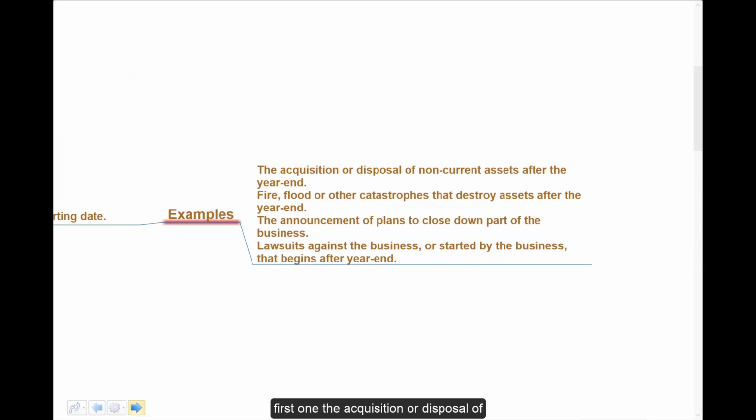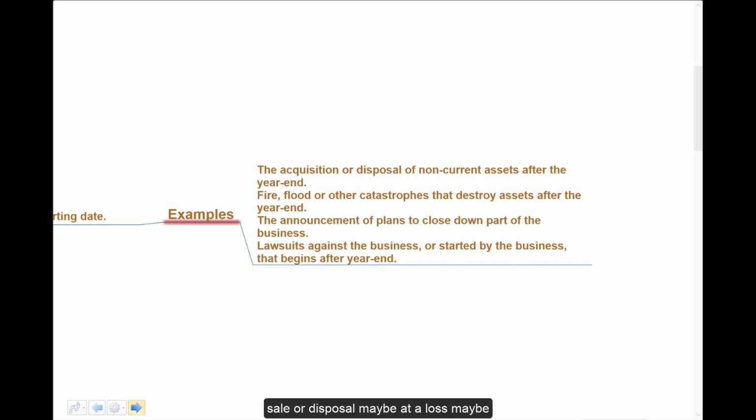First one: the acquisition or disposal of non-current assets after the year end. We look at that and think, well, we had non-current assets as at the reporting date. We simply disposed of them, or perhaps we acquired some. That doesn't seem to be anything iffy, or untoward there.